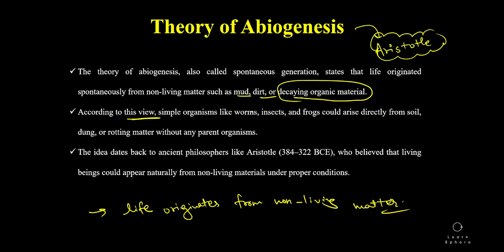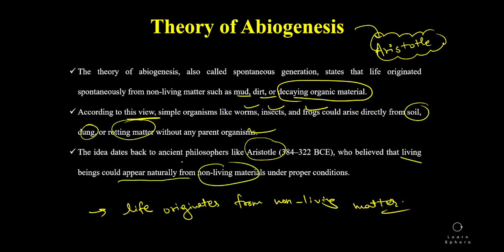According to this view, simple organisms like worms, insects, and frogs could arise directly from the soil, dung, or rotting matter without any parent organism. As I already told you, the biggest supporter was Aristotle, who believed that living beings could appear naturally from non-living material.